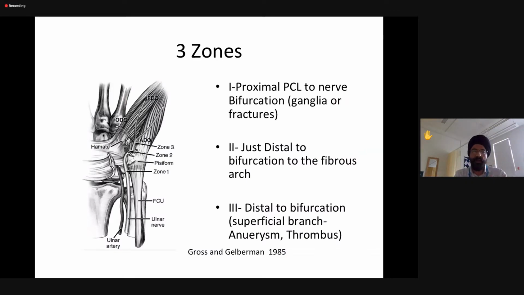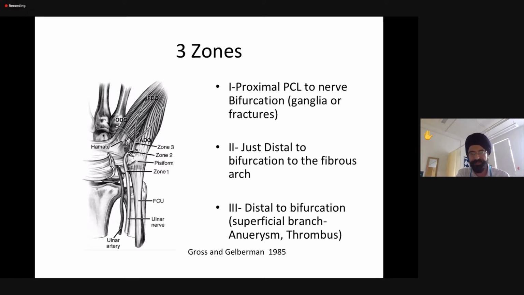The most commonly described is the three-zone anatomic classification. Zone 1 is proximal, from the palmar carpal ligament to the bifurcation of the nerve, and structures like ganglions and hook of the hamate fractures can cause compression in this zone.